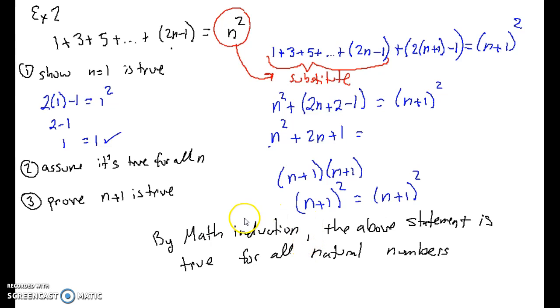Okay, so I have one more example I want to show you. So example number 3. All right, it's going to be this: 1 squared plus 2 squared plus 3 squared. So we get the point that it keeps going up.